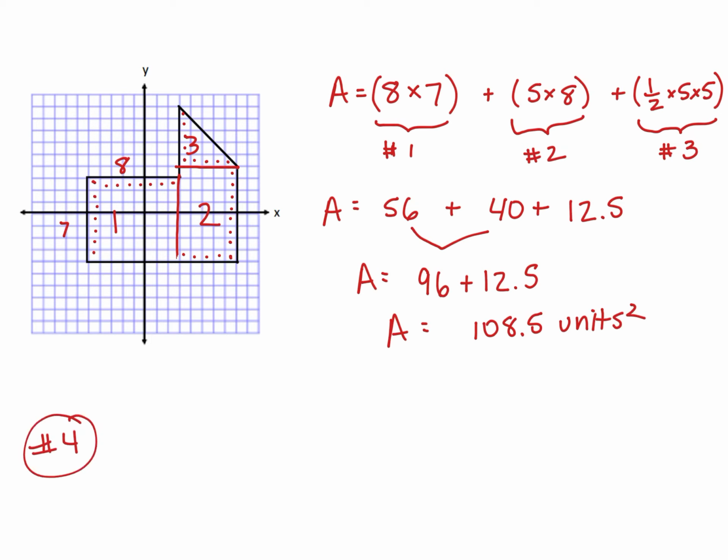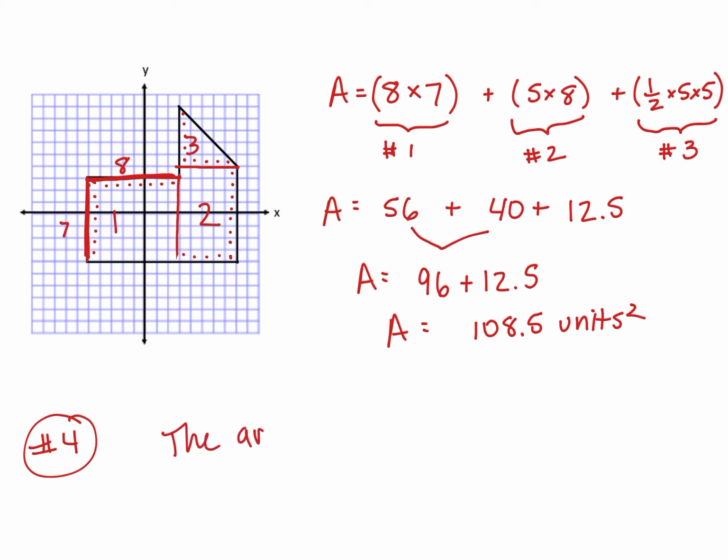Number 4 says, if the length of each square is worth 2 instead of 1, how would the area change? Well, instead of being 8, now it would be 16, and instead of being 7, it would now be 14.